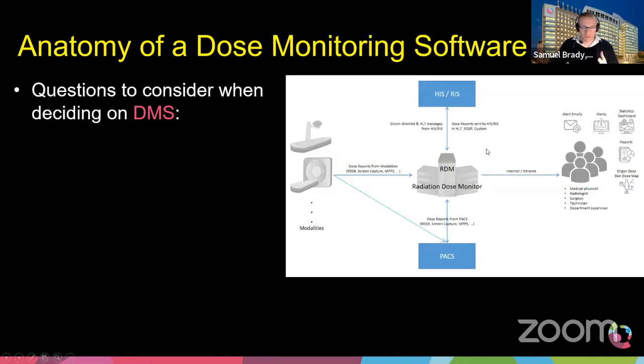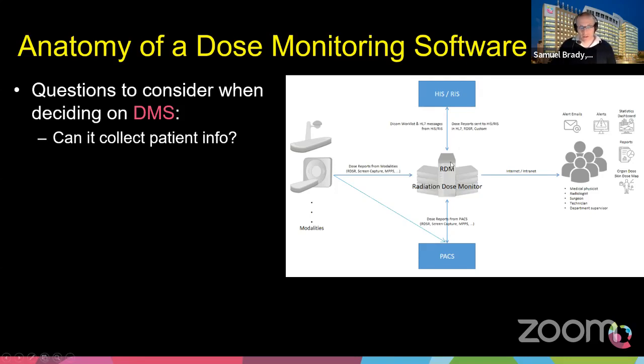All right, so once you have determined which dose monitoring software you're going to use, there are some questions you need to consider. There are a few questions you need to ask to decide which software would be best for establishing DRLs at your hospital. A very important one, as I mentioned at the very beginning, is that we need to understand the patient demographics.